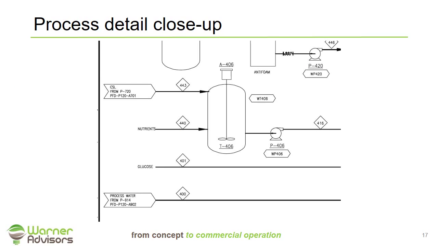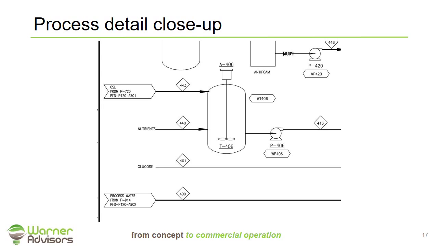So here is the close-up process detail. You'll see each piece of equipment is numbered and tied to the equipment on the top of the drawing I discussed, and each process stream has a number that ties to the table at the lower left of the drawing. In this case, for example, glucose feed to the process is stream 401.